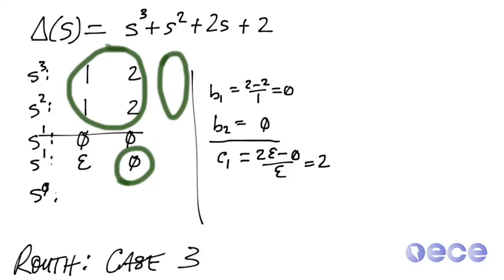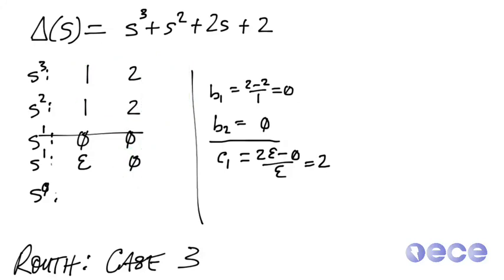So it was a product of real numbers that gave us 0. In contrast, the 0 that we got here was based on the fact that these values don't exist. So we leave it as a 0 here and we make this value to be epsilon. So with this value of epsilon, 2 epsilon minus 1 times 0 divided by epsilon is equal to 2.